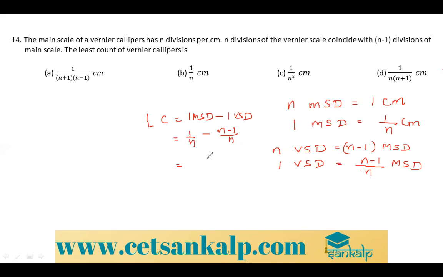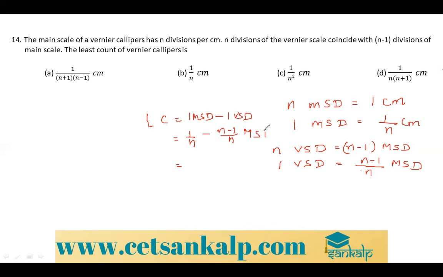Now, since the denominators are the same, what can we do? So you can say 1 MSD is equal to 1 by n centimeter. 1 VSD is nothing but n minus 1 by n into MSD.